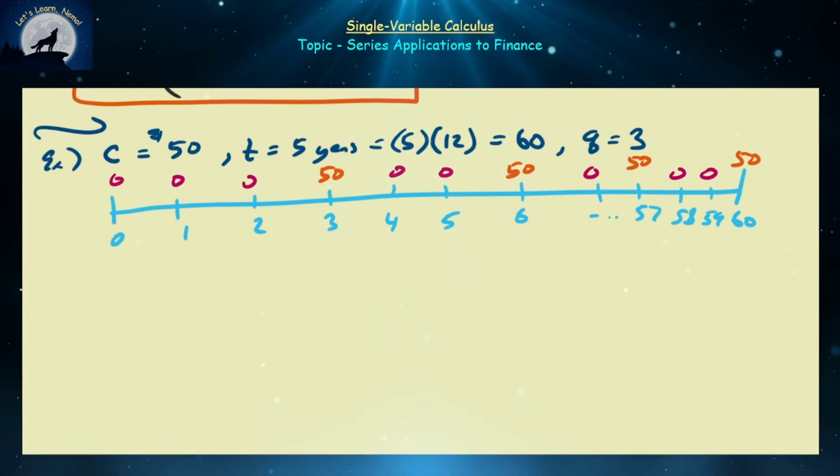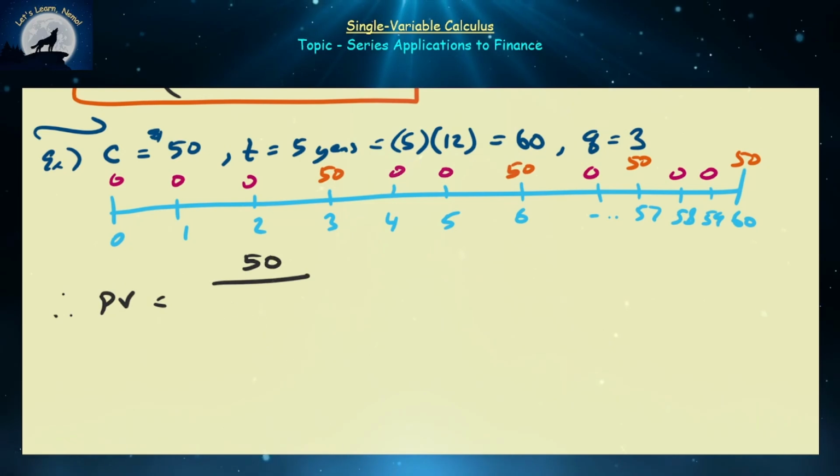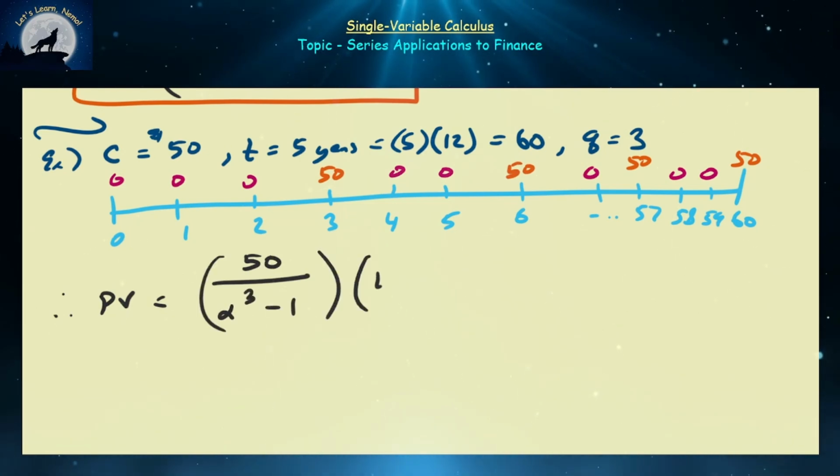So from our relation that we just built, our present value is going to be equal to 50 all over alpha to the power of 3 minus 1, and then 1 minus nu to the power of what? Keep in mind, this 60 is the same as 3 times 20, right?